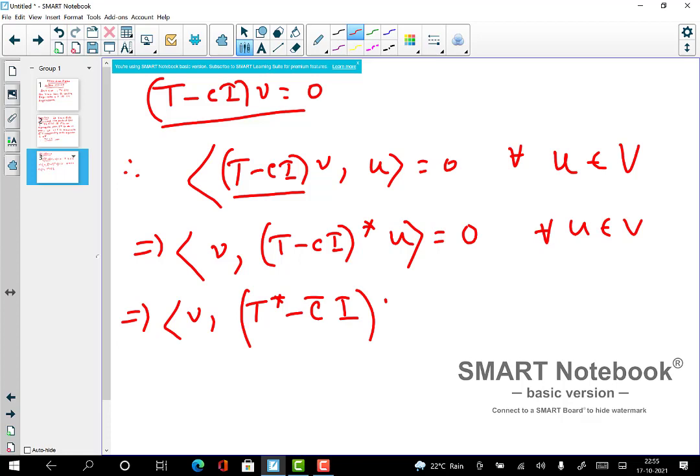So this is 0 for all u belonging to V. That means these vectors are inside the range of the operator T star minus c bar I, because you are running over all u belonging to V. So your original eigenvector v of T is orthogonal to the range of this operator.